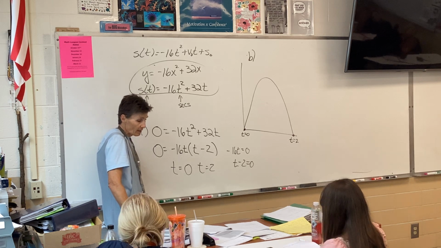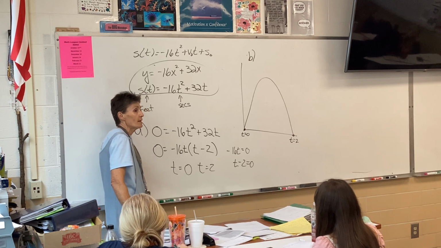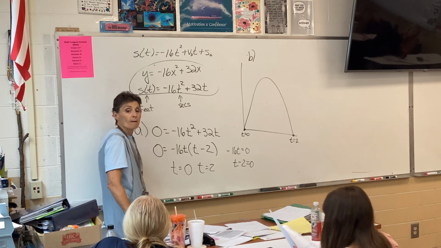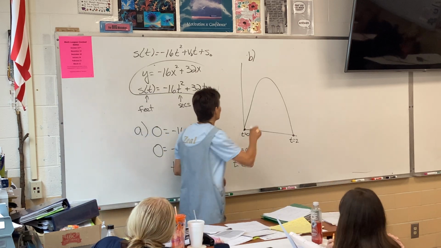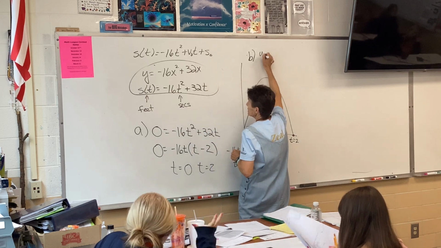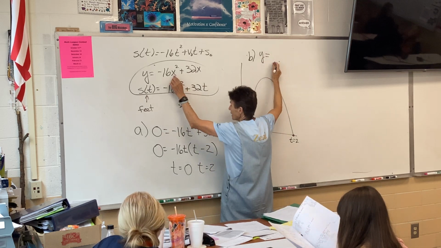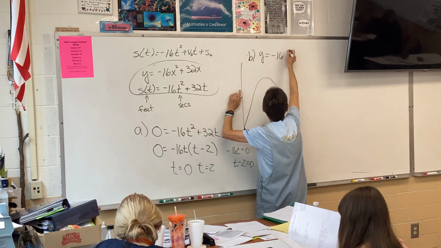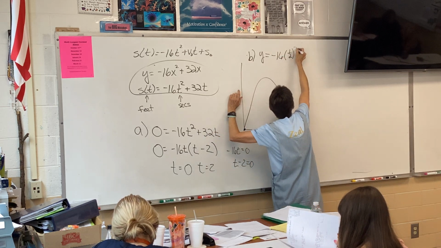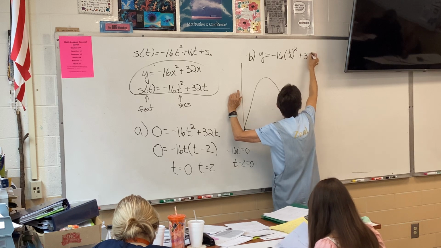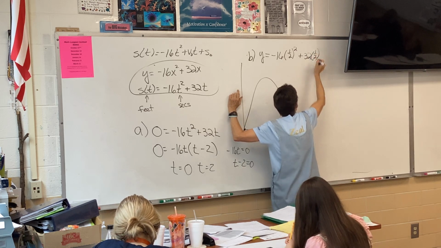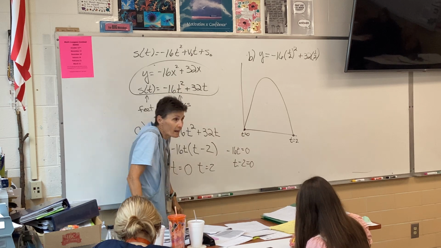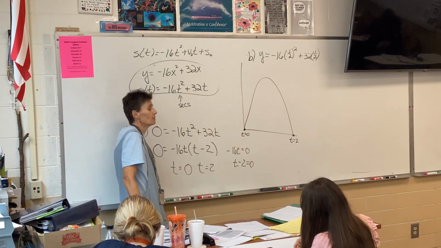How do I figure out how high the ball will be after 1/2 second? Plug in 1/2 for the t, or x, whatever's easiest for you. You plug in 1/2, or 0.5 if you're going to do it on your calculator.